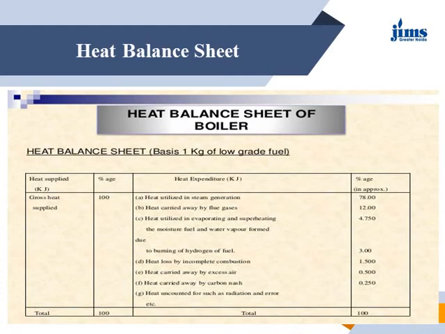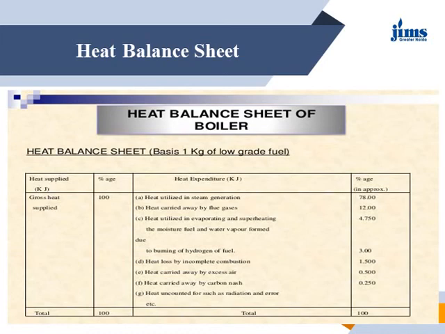The heat supplied is calculated in kilojoules, and the percentage is 100, and the heat expenditure is also in kilojoules, and in approximation it is taken in percentage. So it is like a balance sheet, similar to the one used in accounts, showing how much is the salary, how much is the expenditure, how much is the saving.